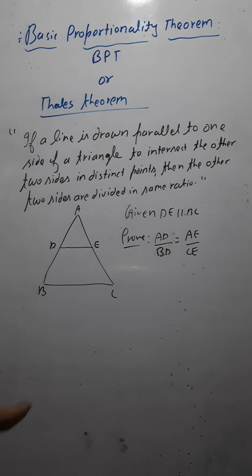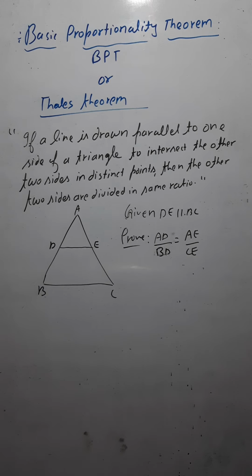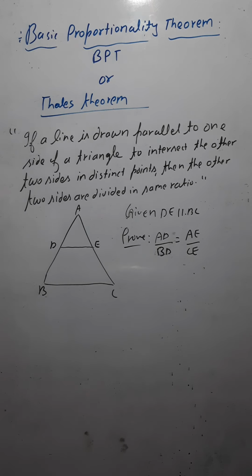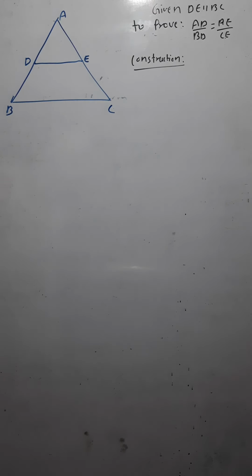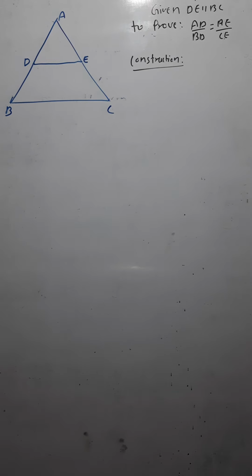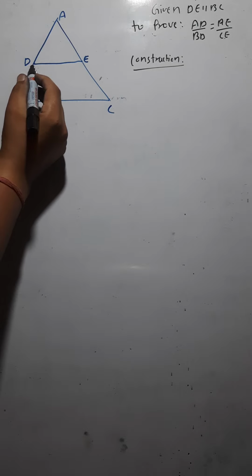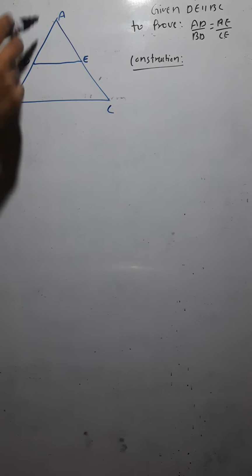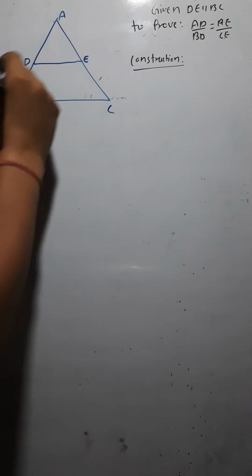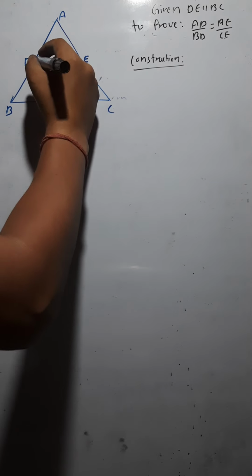Then after this we would do some construction also. Just note it down. Now in construction, what would you do? From the point D, I am drawing a perpendicular to this line AC.